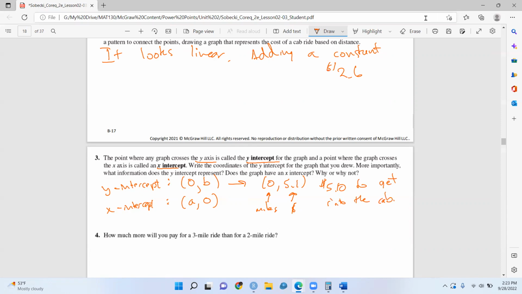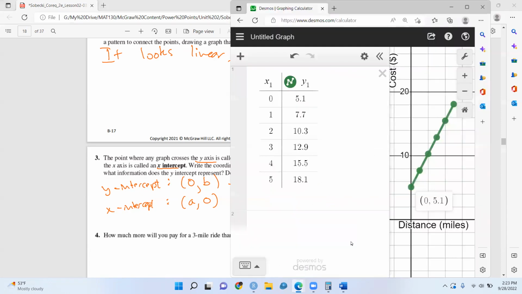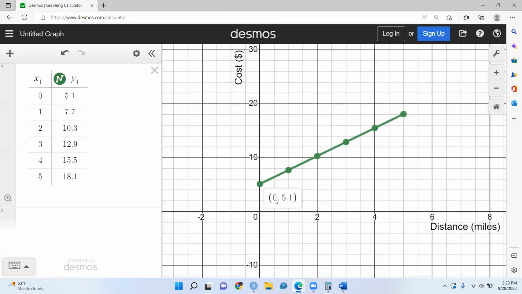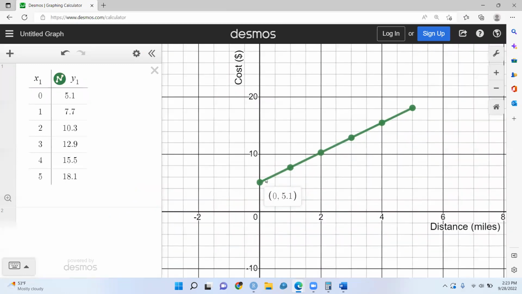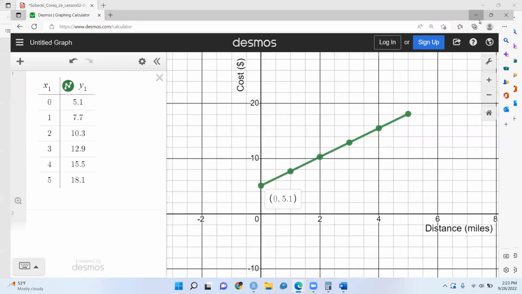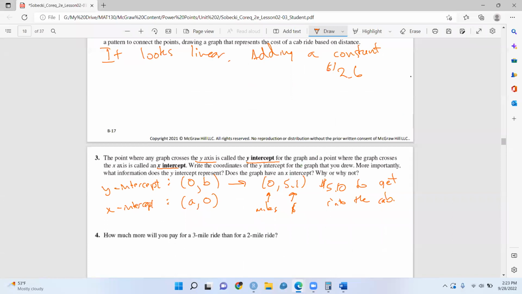An x-intercept. So if we look at our graph, there isn't one. But if we were to continue this pattern, it would be somewhere back here. Well, what's a negative x value represent? Nothing that makes sense, right?